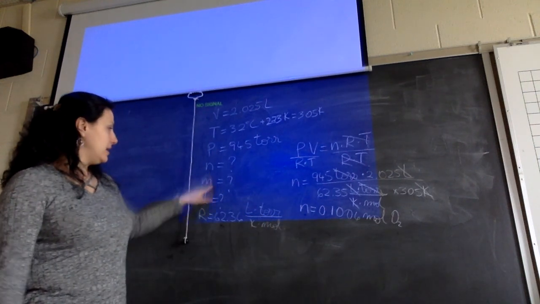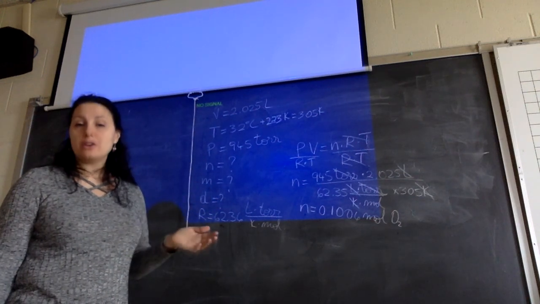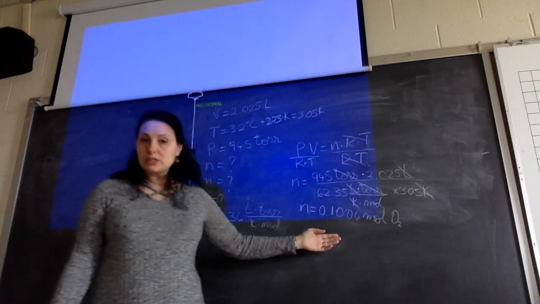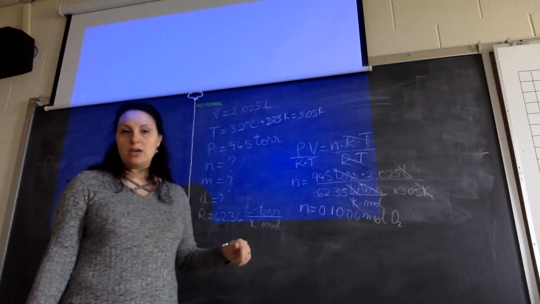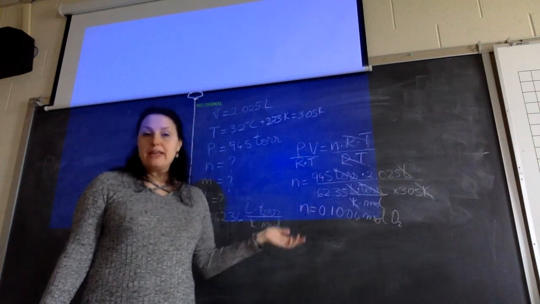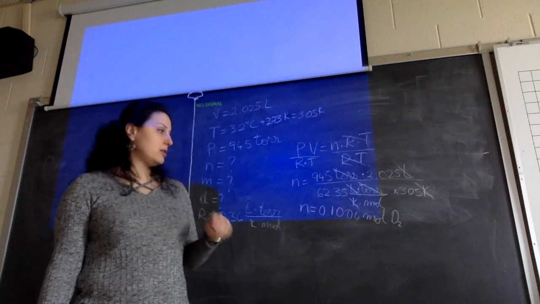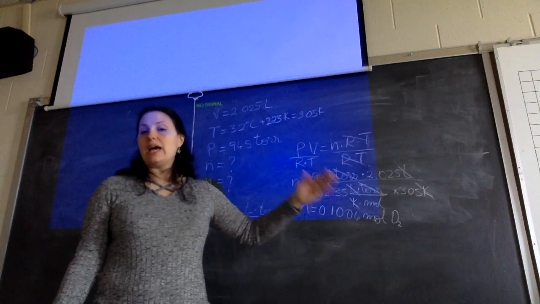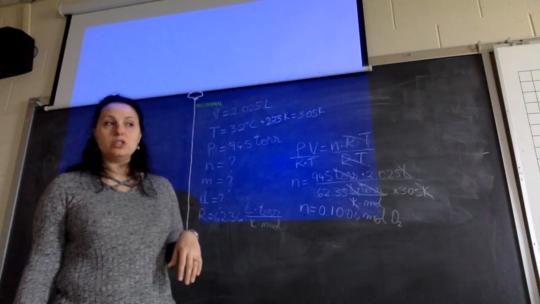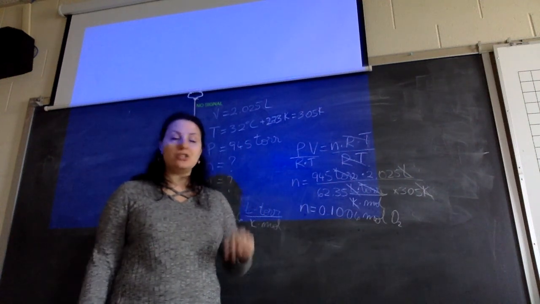I found N, I need to find the mass in grams. Well, I have moles. How do I go from moles to grams? We just did a ton of stoichiometry problems. The way to do that, we've done that before, is we use the molar mass to convert from one to the other. I have moles of oxygen. I need grams of oxygen. I know that the molar mass of oxygen, because I have 2 oxygens, is 32.